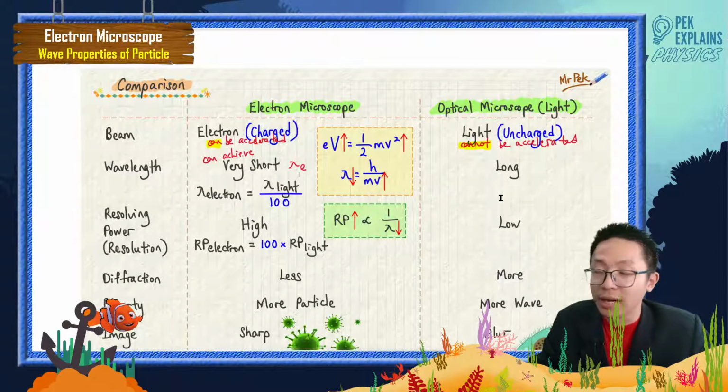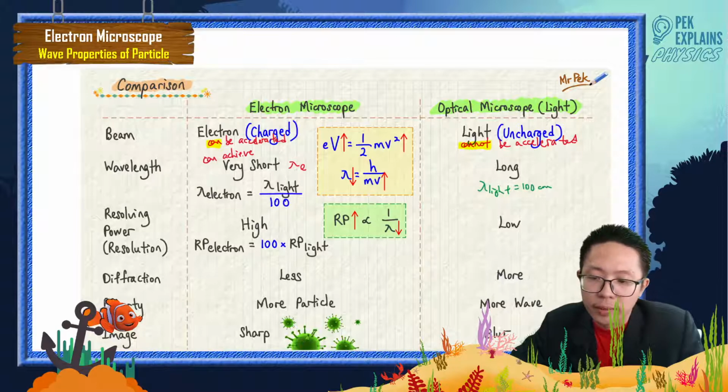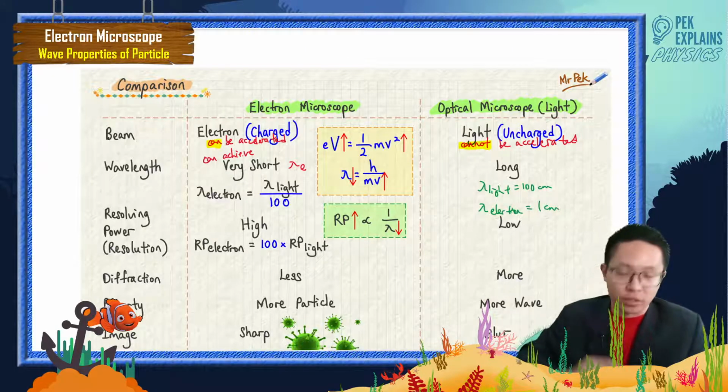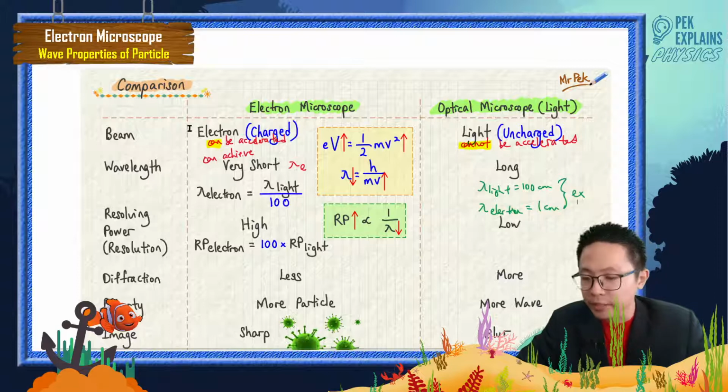Let's say the wavelength of light is 100 cm. Then the wavelength of the electron is just 1 cm. Very, very short. You understand? But this is just an example. Okay.